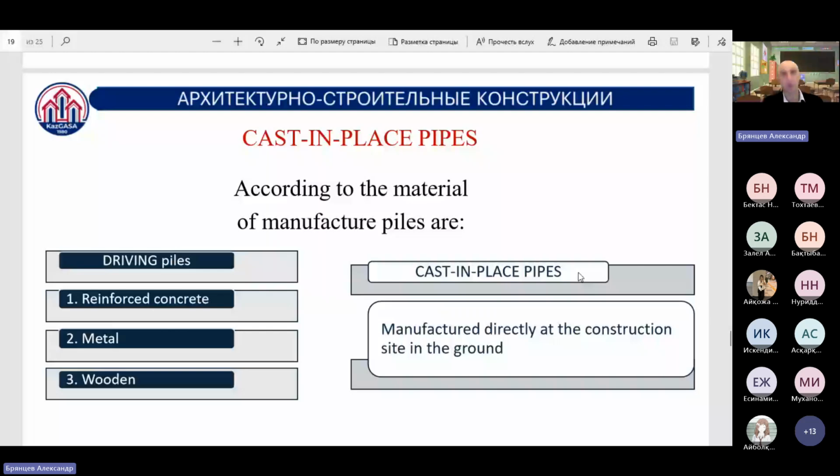So it means the number of workers who will prepare these piles on the construction site.